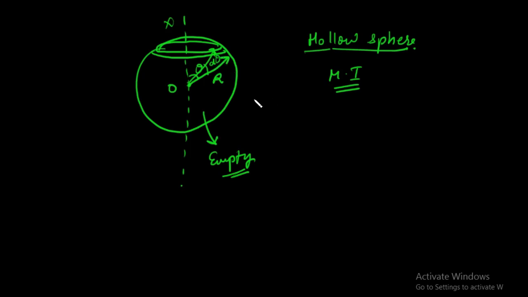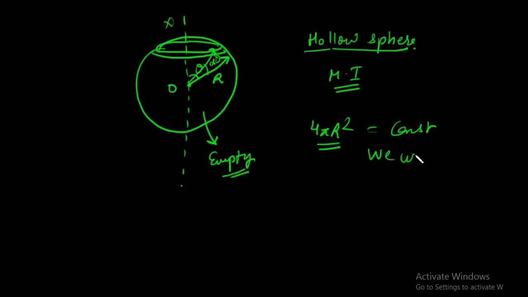Now I want to find out the mass of this ring. So how do we do it? You see, the surface area of the sphere would be equal to 4 pi r square. This would be constant.